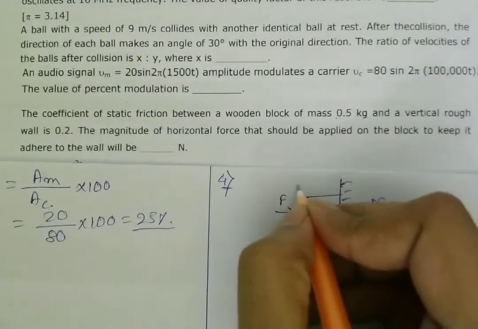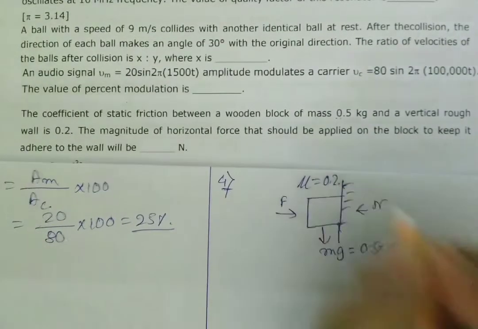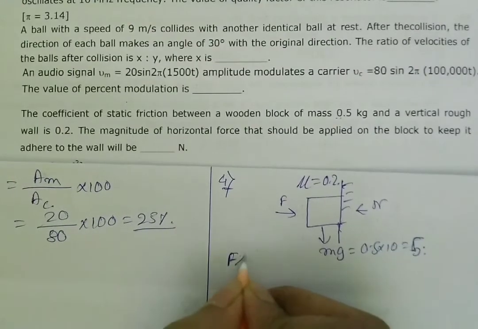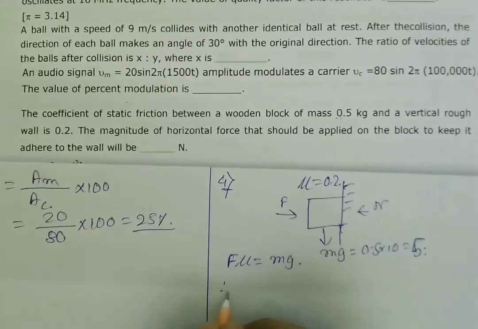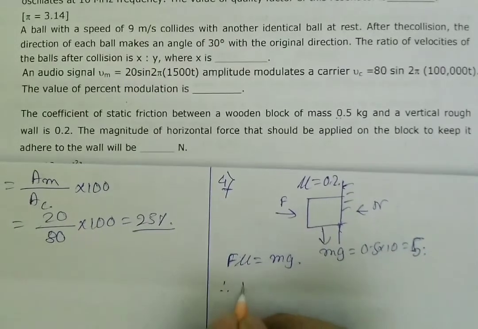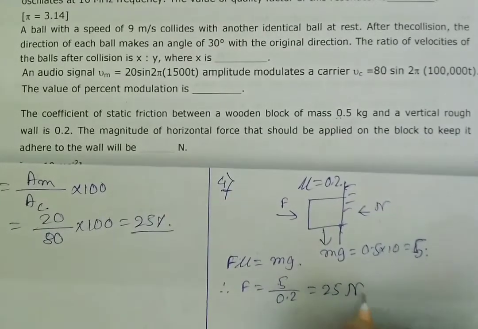The coefficient of static friction is given as mu equal to 0.2. Now clearly we can say that F mu is equal to mg. Therefore F will be equal to 5 by 0.2. This will be 25 Newton.